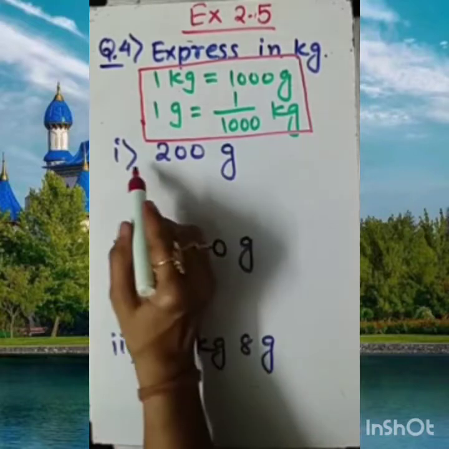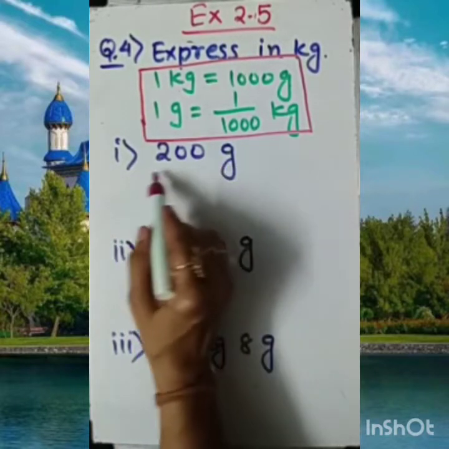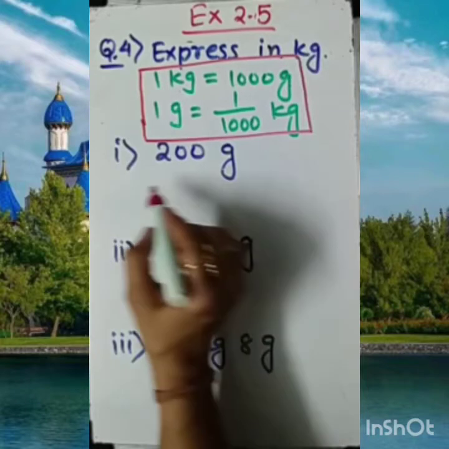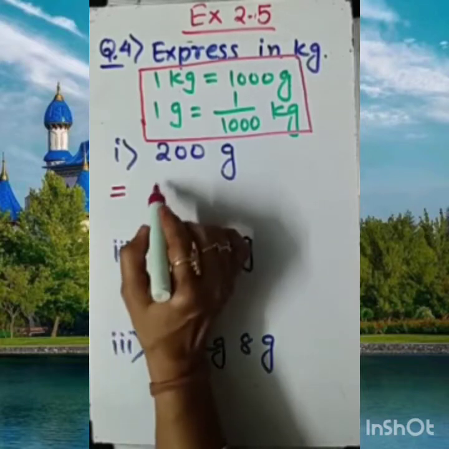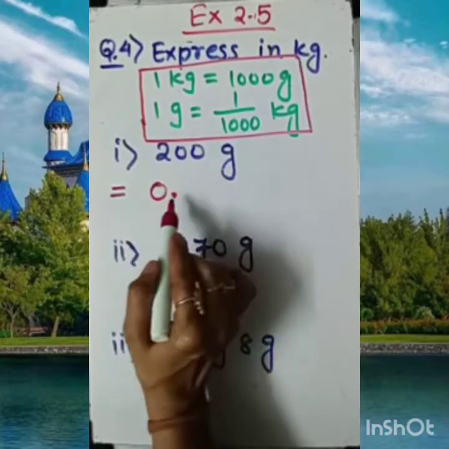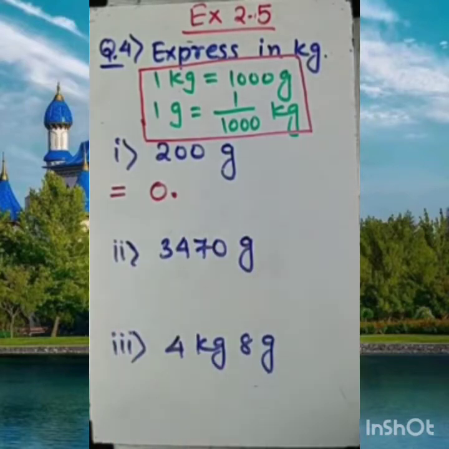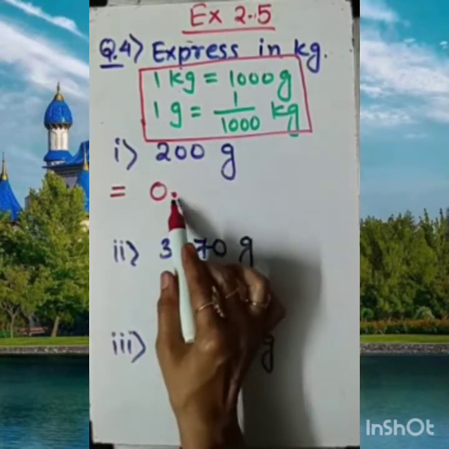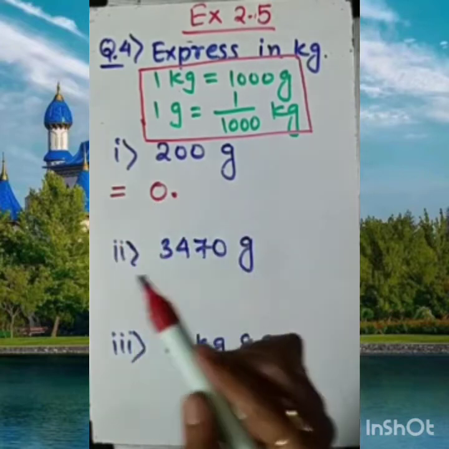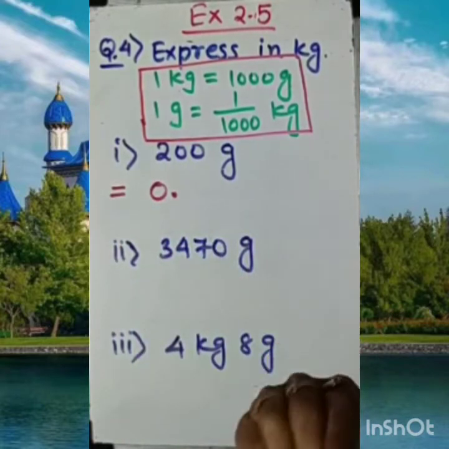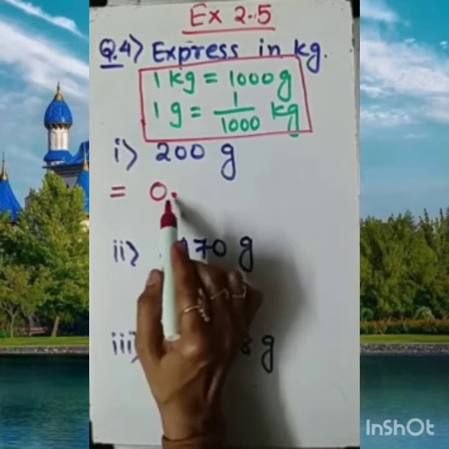So here it is clearly mentioned no kilogram, it is only gram. So I need to say that 0 point for the kilogram. Before decimal part, integer is indicating kilogram. Before decimal, if we write something, then that will be considered as a kilogram. So here it will be 0 point.